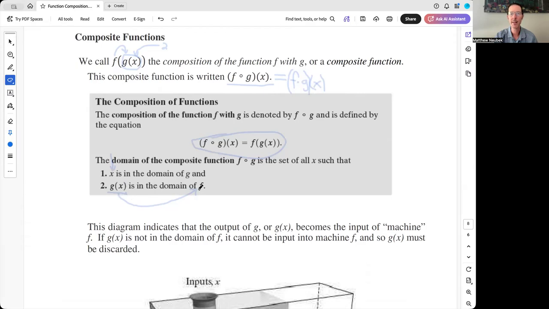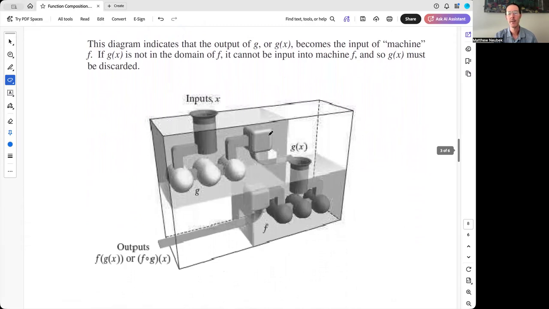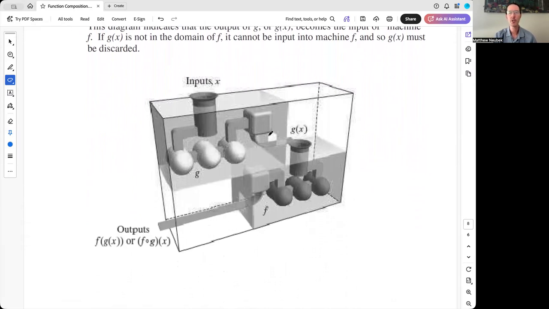And once I put that into f, what's going to come out of there? That's correct, class. You are geniuses. F of g of x. That's the ultimate output. That is the result of the composite function. This is a really old illustration, but I think that it still works for what we're talking about.